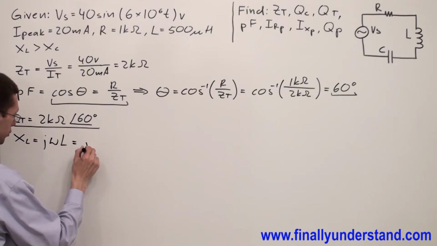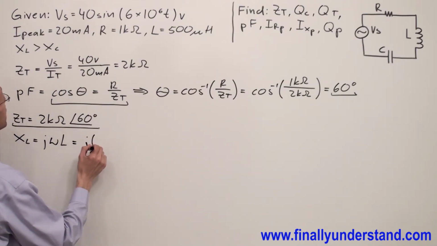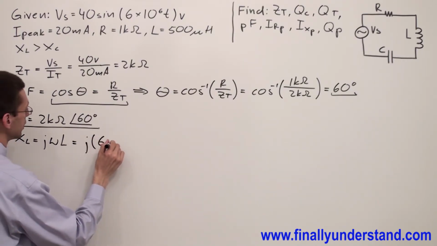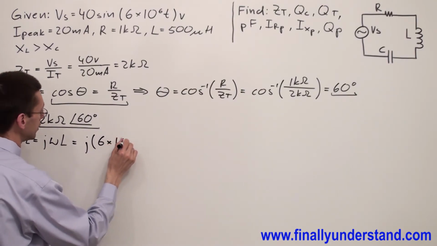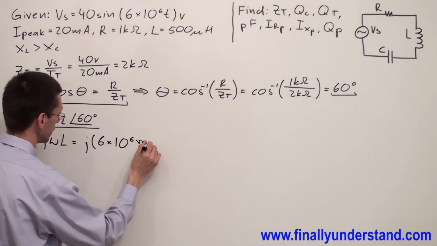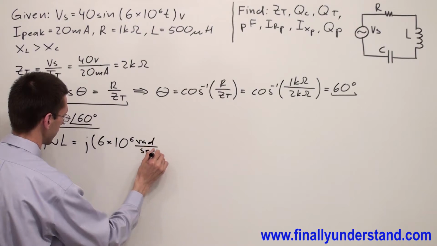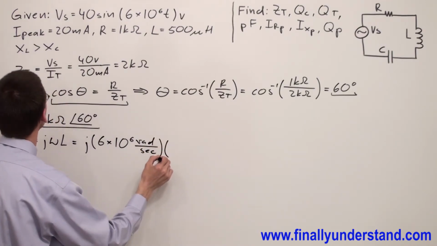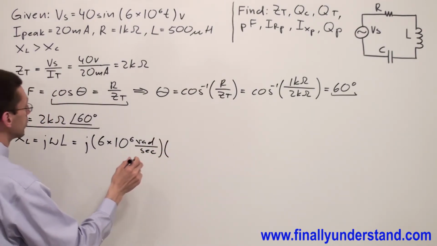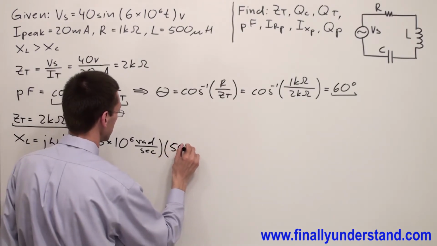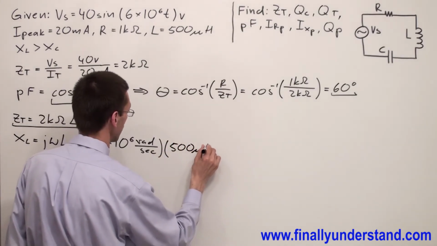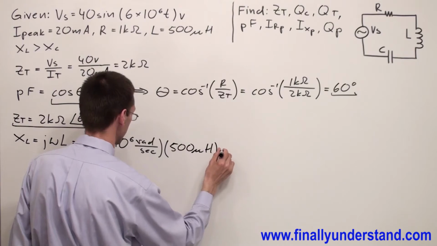So I have J times omega, which is equal to 6 times 10 to the 6, of course, radians per second, times L, which is equal to 500 microhenries.